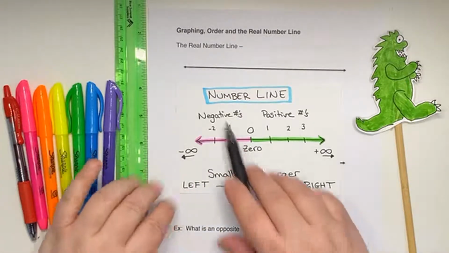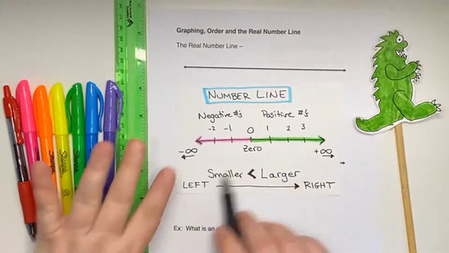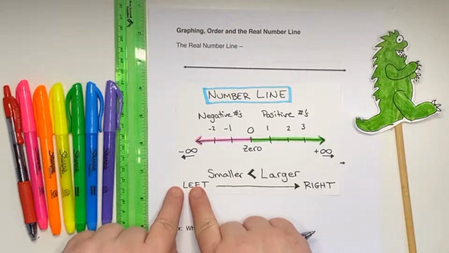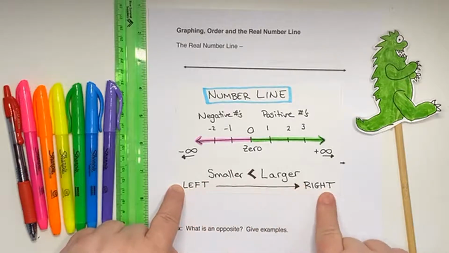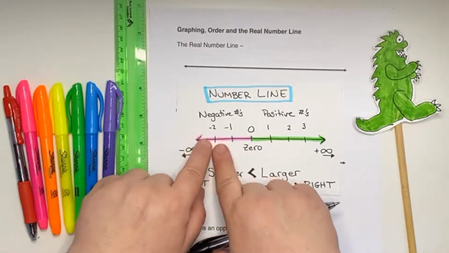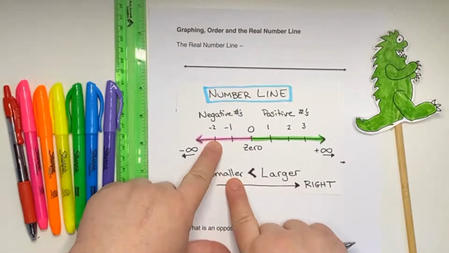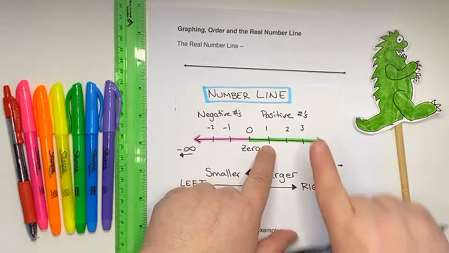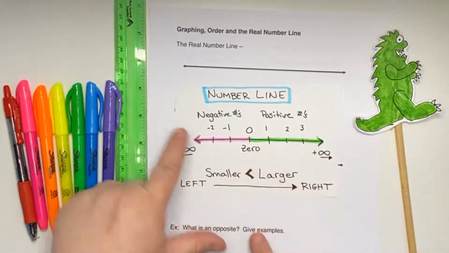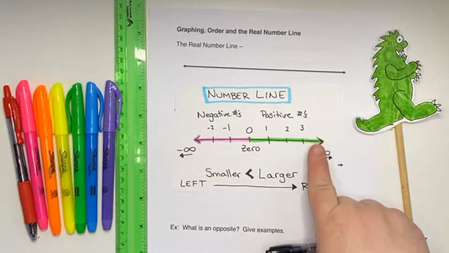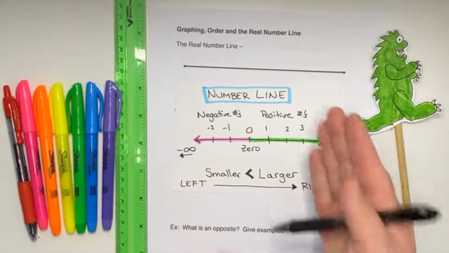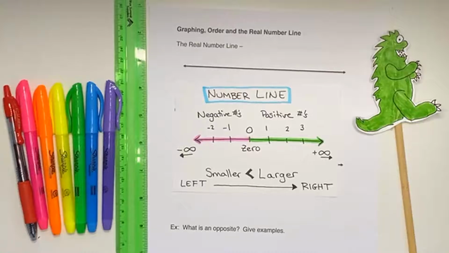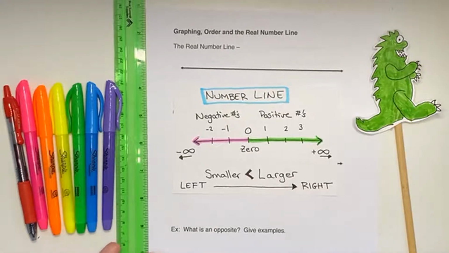And then I'll remind you that on a number line, even though the arrows go in both directions, we're set up to think about it moving from the left to the right, where things on the left, like -2, would be smaller than, say, +2. And 1 is smaller than 3. So if you move from the left to the right, it goes from smaller to larger. Things that sit on the right are bigger than things that sit on the left. So that's how we're going to set up our number line.